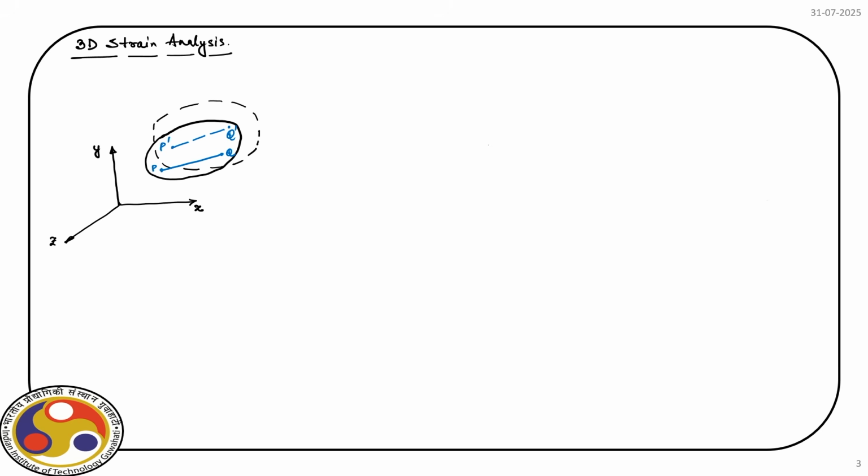Okay. Now, we can write down the coordinates. So, P has x, y, z and then Q is x plus delta x, y plus delta y and z plus delta z, right.